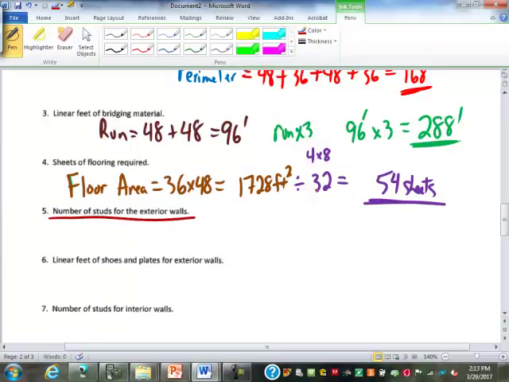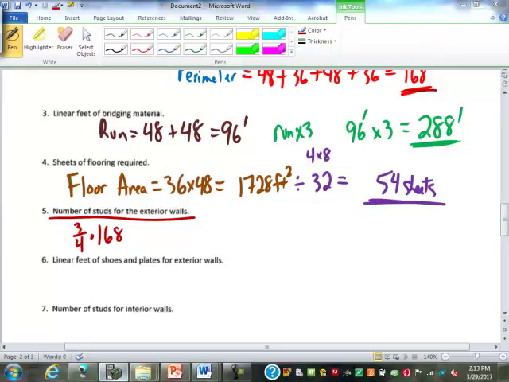For the wall studs, we take the perimeter, which we already found up here to be 168 feet, times 12 over 16, or 3 over 4 if you want to use that.